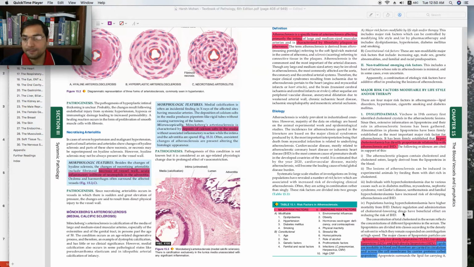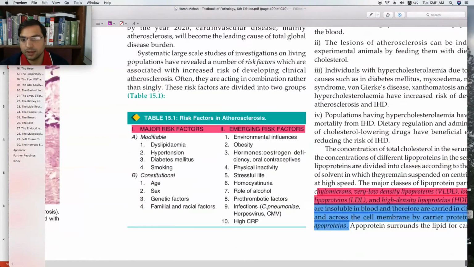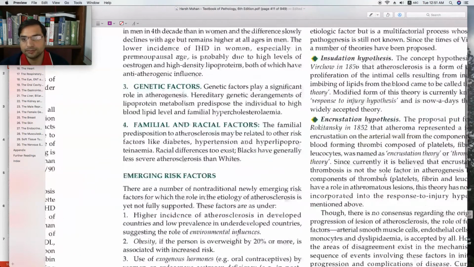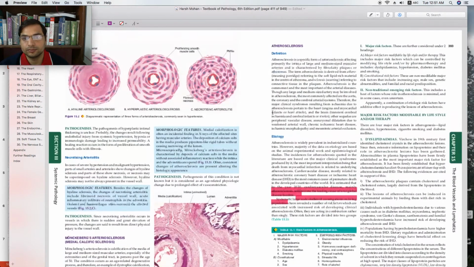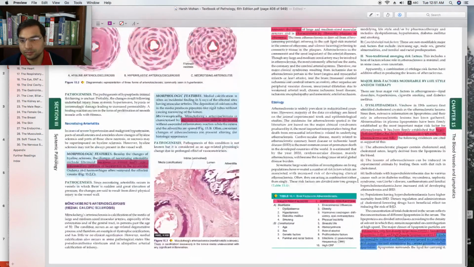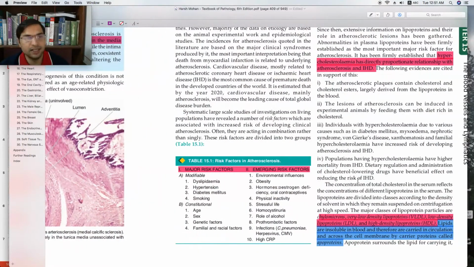So the various types of lipids present in the blood are, number one, chylomicron, very low density lipoproteins, low density lipoproteins and high density lipoproteins.